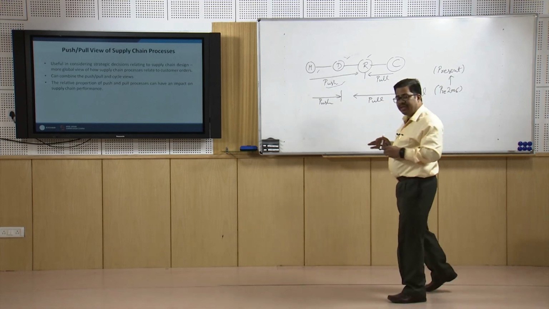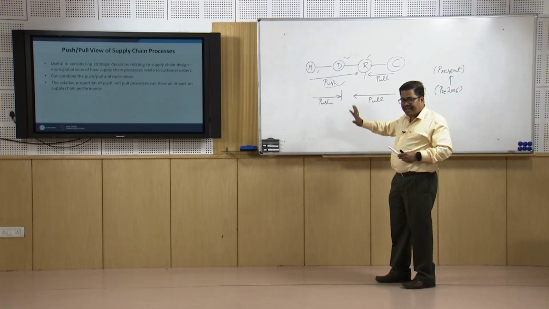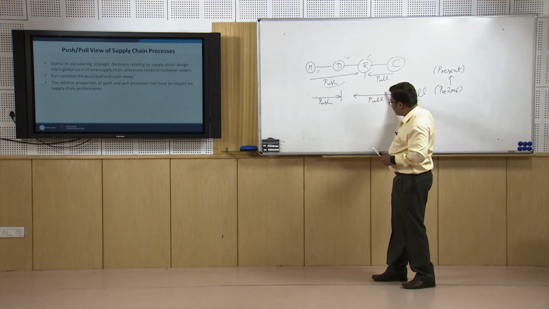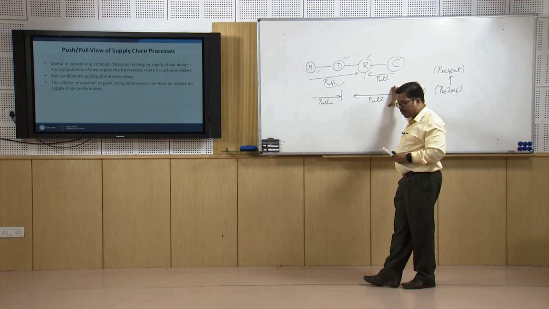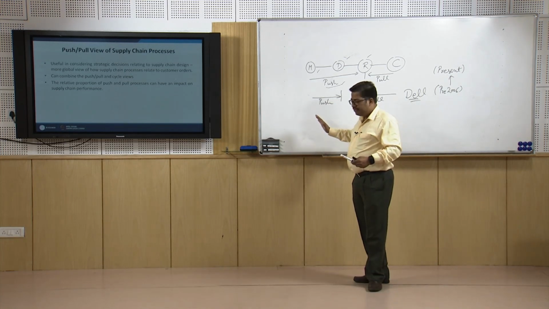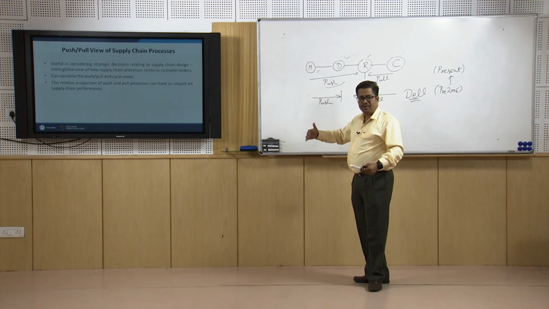You can understand very well that for those processes which are happening in reaction to the order, the risk in those stages is less, but those stages which are performing processes in anticipation, or those stages which have the push phenomena, the risk is high in those stages.